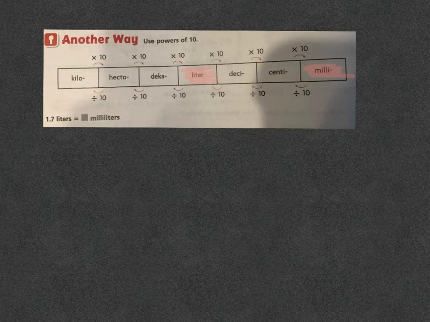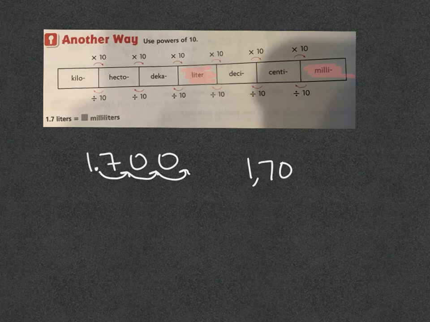So I would multiply by 10 3 times, which is really multiplying by 1,000, or simply moving my decimal 1, 2, 3 times over. So on the 1.7, I would move my decimal 1, 2, 3 times over to get 1,700 milliliters.